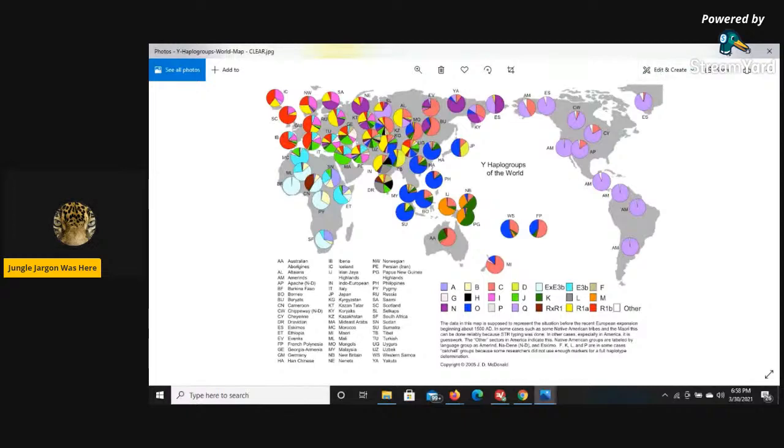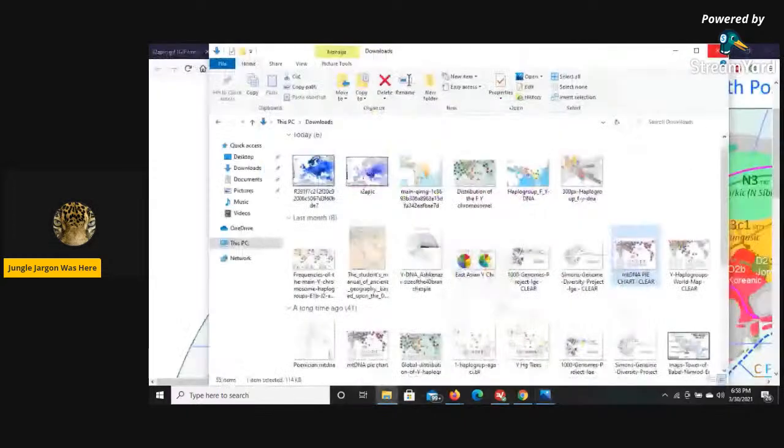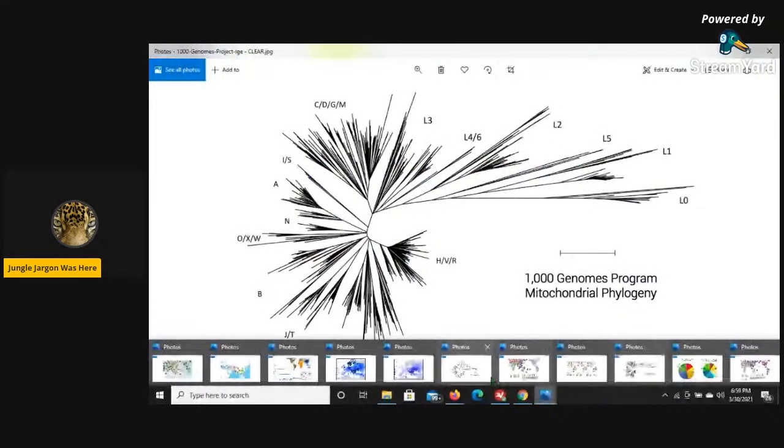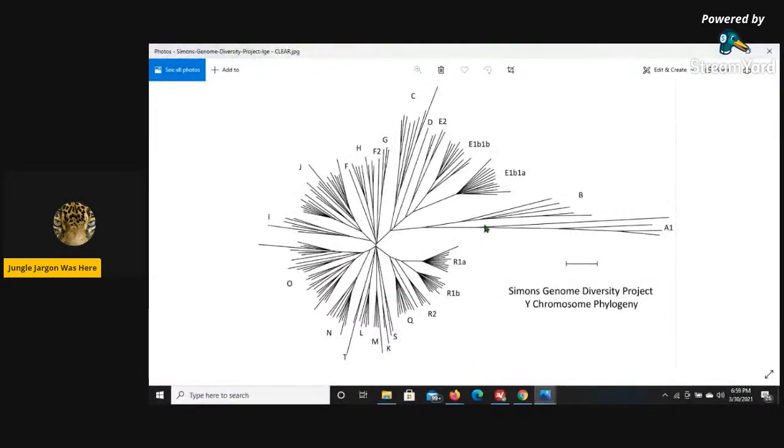Because according to this, the Q population, well, that's pretty big, but not as big as the R population. And the I and the J.